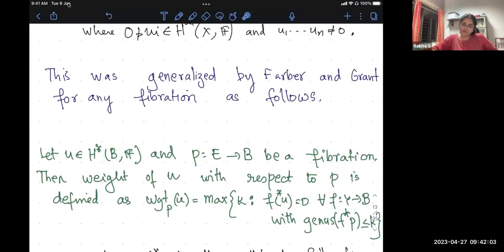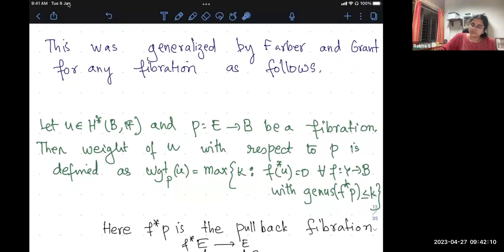Then the weight of u with respect to p is defined as the maximum k which can be found such that whenever you take any set of maps f from Y to B, f star, the induced map on cohomology will take u to 0. And this is for all choices of f such that the genus of the pullback fibration f star p is less than or equal to k.